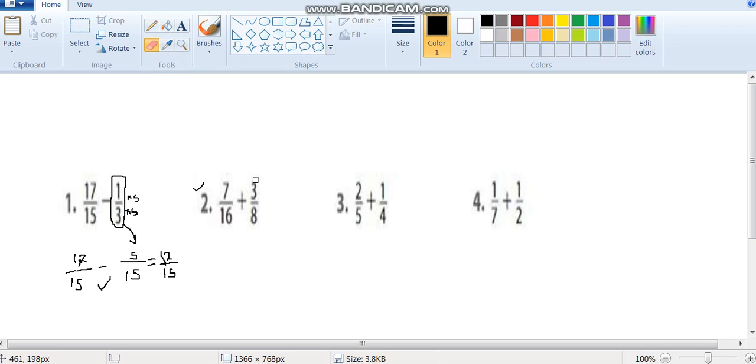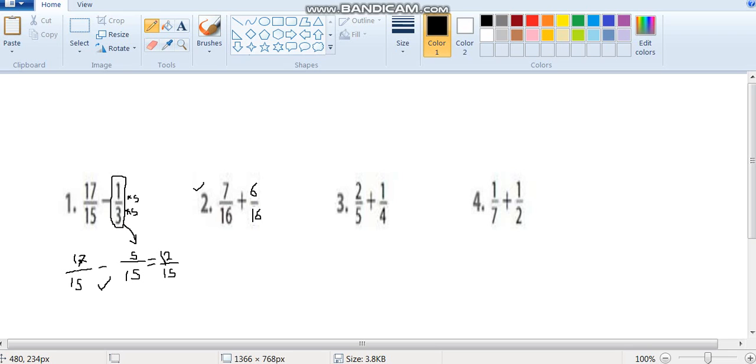So it's easy for us now to change it. Instead of 3 over 8, we will make it 6 over 16 by multiplying by 2. Look here. The 3 will be 6 and the 8 will be 16.